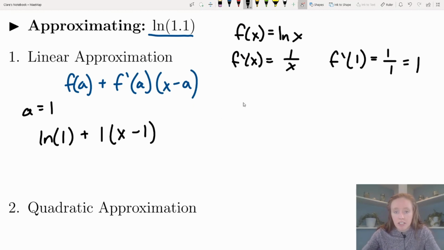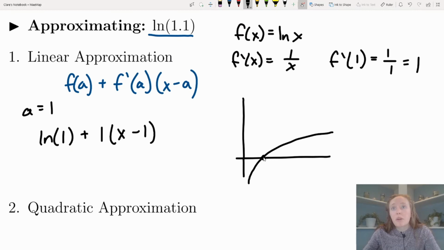If I was to draw this out quickly, here's what our ln function looks like, and here is the point 1, because the ln of 1 is 0. Now what I've just done is I've taken this value and I found the tangent line, or the slope of the tangent line, and I'm moving along it a change of x minus 1.